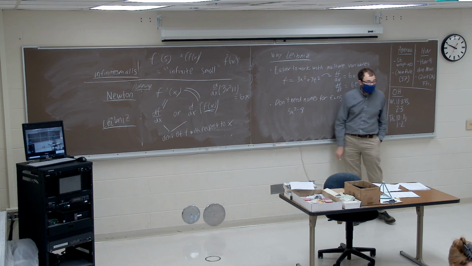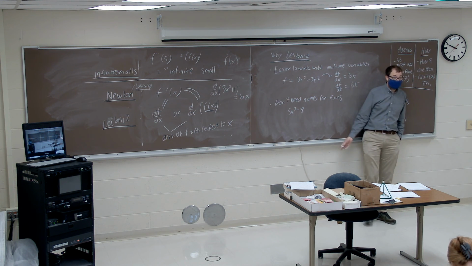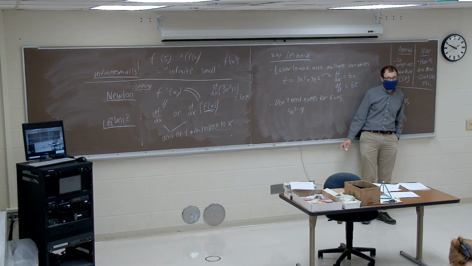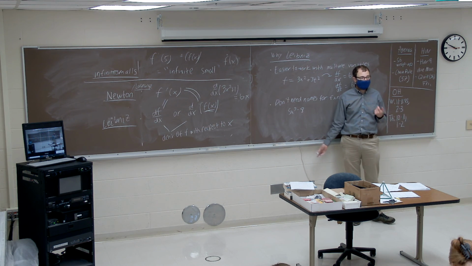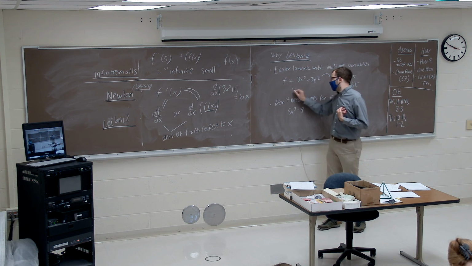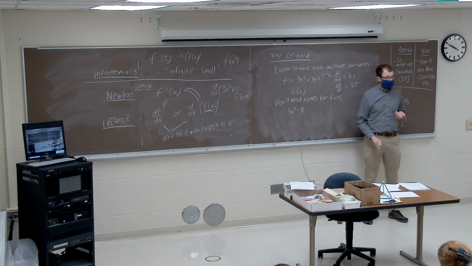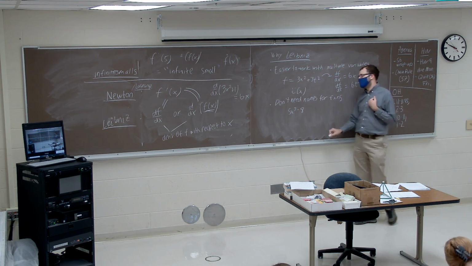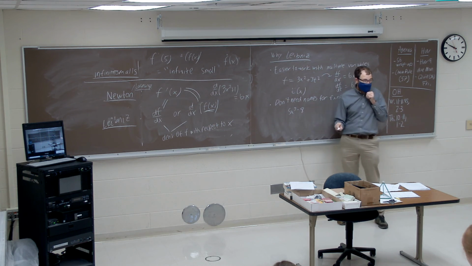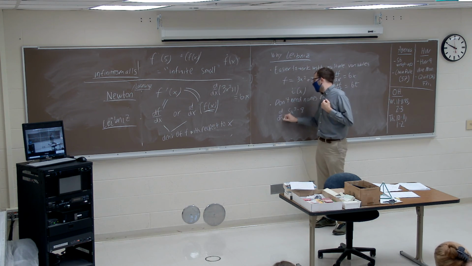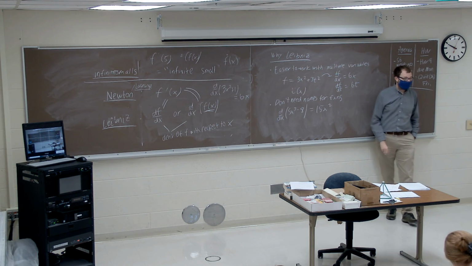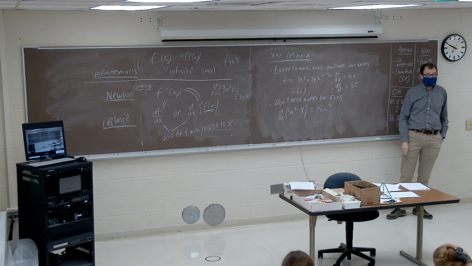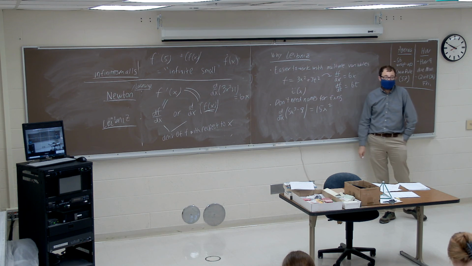If we were to use Newton's notation, we would need to have a name for this expression, like an f of x, a g of x, an h of x, a smiley face of x, if you prefer. But with Leibniz's notation, we don't need to give this function a name. We can just say, hey, take the derivative of this with respect to x, and it comes out to 15x squared. No need to give it a name unless we really want it to have a name for whatever reason.